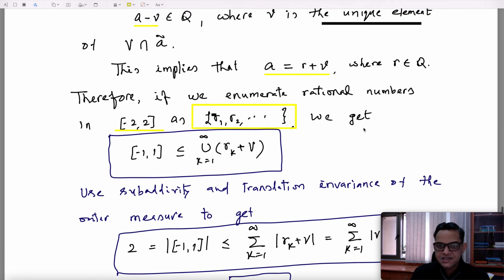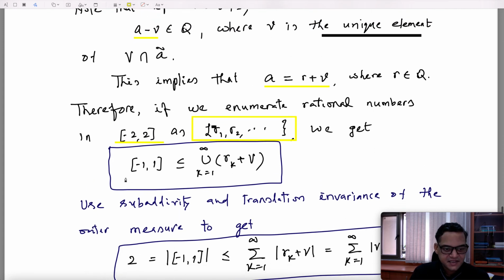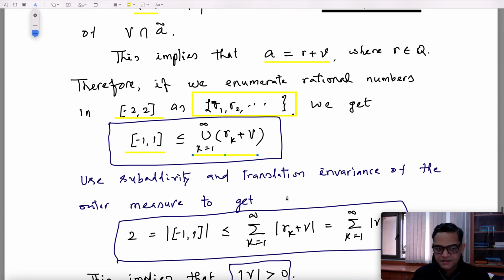It's a countable sequence, and we see that the interval that we started with can always be written like this, because any A I take can be expressed as R plus V, one rational number R and some V coming from the set capital V which we have taken. So this whole interval minus 1 to 1 can be put into the union of these sets R k plus V, because we have enumerated the rationals. So basically this is a countable union, isn't it?